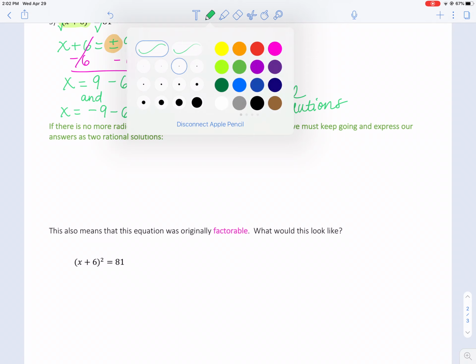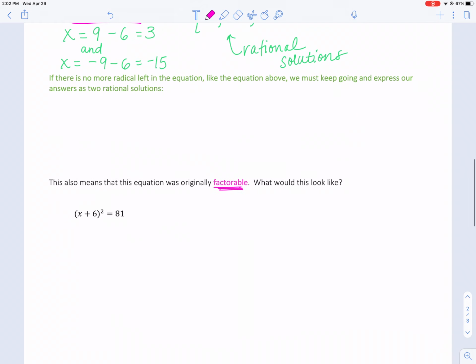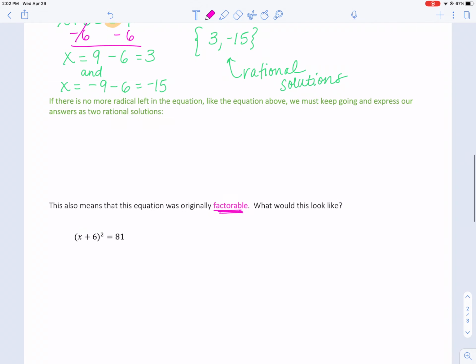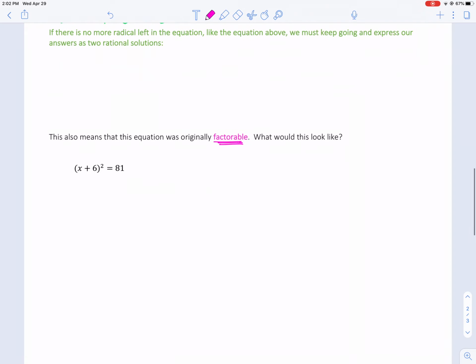So I'm giving you that exact same question. What does that mean and what does that look like? Well, you could have factored it. So how could I have factored this? Watch this.